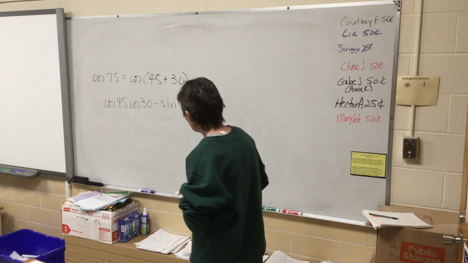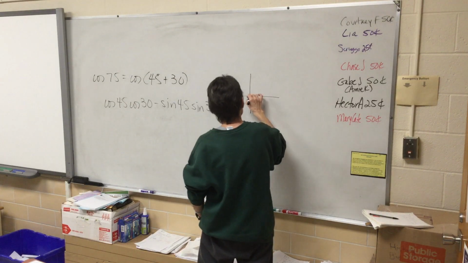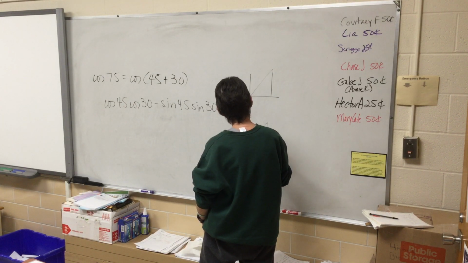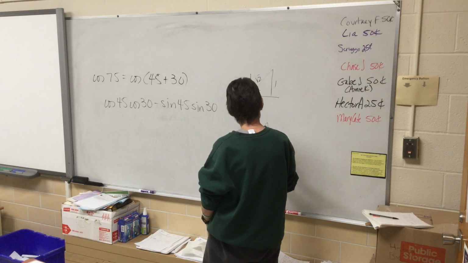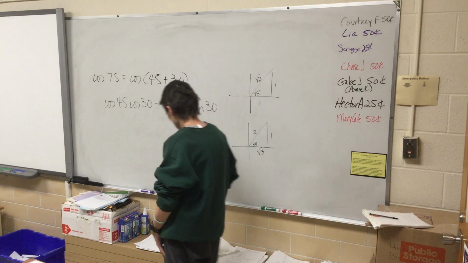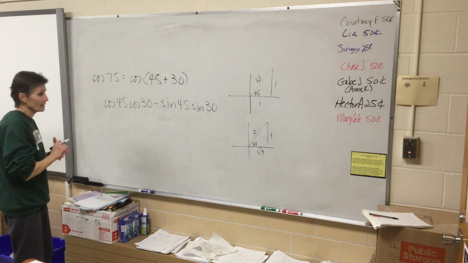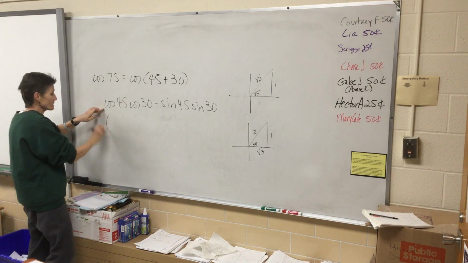All right, so here we go. Now I have to start plugging in numbers for the 45 and the 30. So I'm going to draw them both right now. Draw my 45, 45, 90 and my 30, 60, 90 triangles. Okay. What's the cosine of 45?